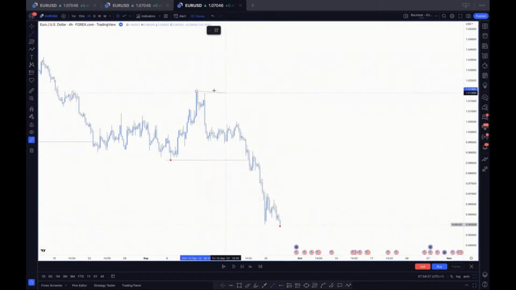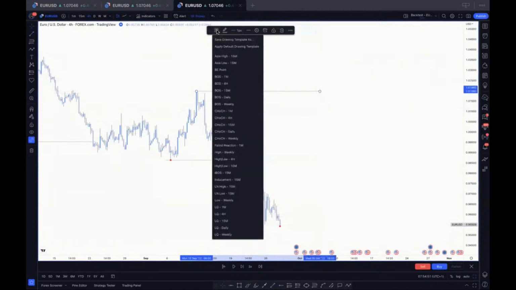Then hold Shift, and it makes sure it's a straight line when I'm drawing this. If you don't hold Shift, you can see it will just be dancing around, but if you hold Shift, it makes sure that it's a straight line. So I'll just draw this like this, and then I will choose this as my swing high, right?